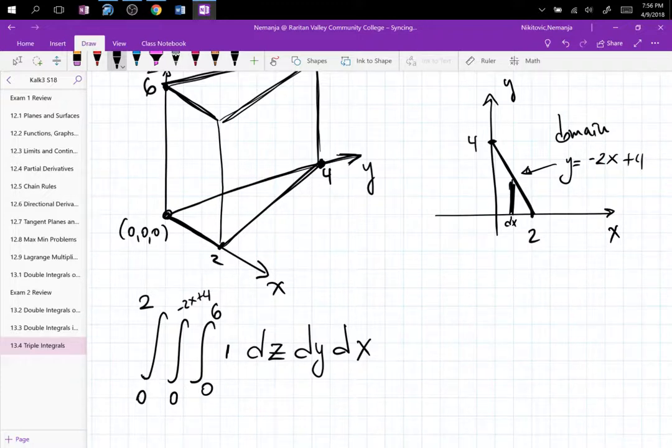Now dy is going to be the edges of the dx. You see that the top of dx always goes on a function, and the bottom of dx always goes on the 0, y equals 0, which is the x-axis. And then we already discussed 0 to 6.